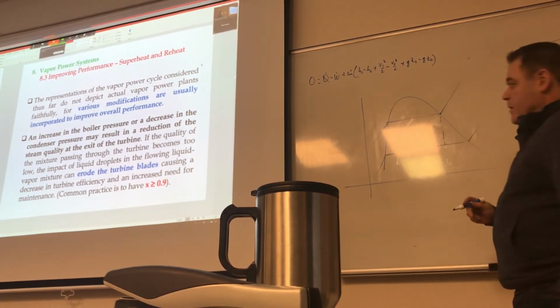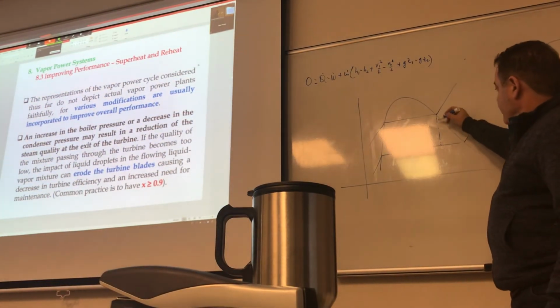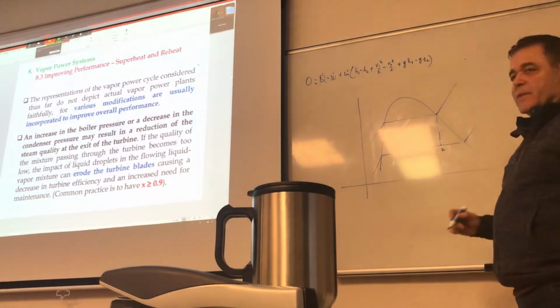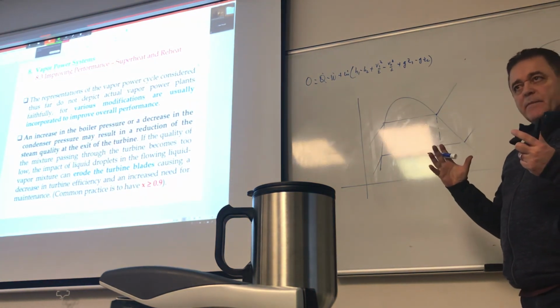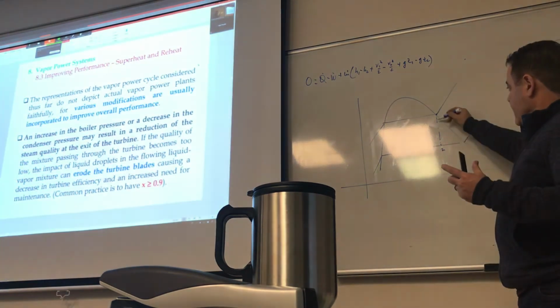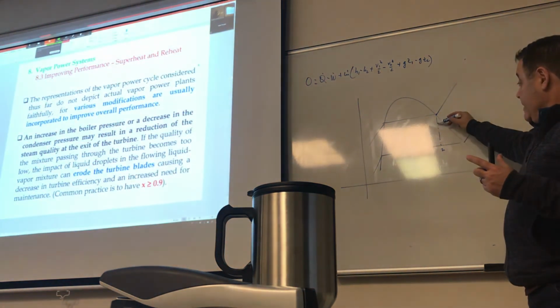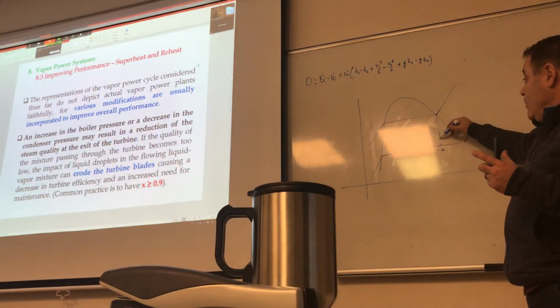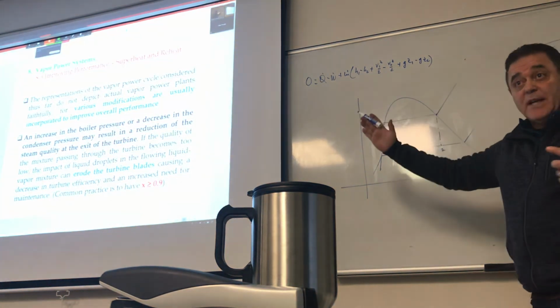The first big problem is this. As you go from 1 to 2, what does typically happen? You've got this vapor coming in. It's saturated vapor, the pressure is going down, and you're going through the blades of the turbine. But what do you think is the quality of this? As you're going down, the quality is going down and down.